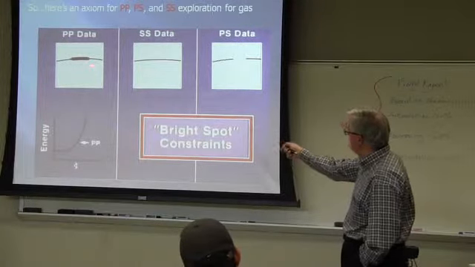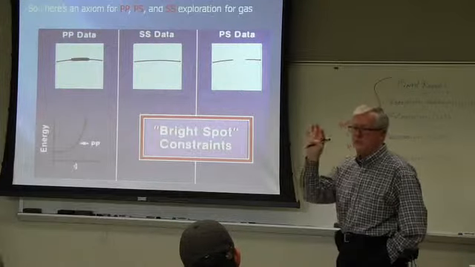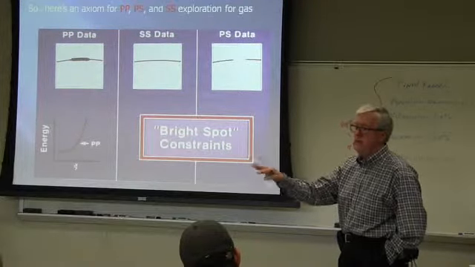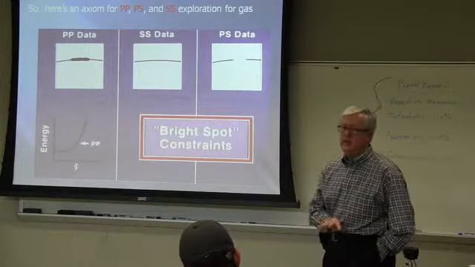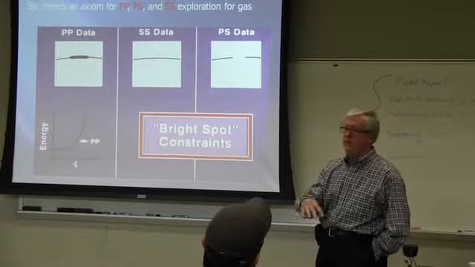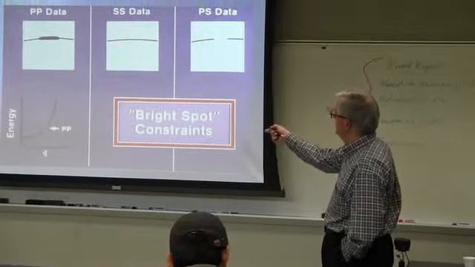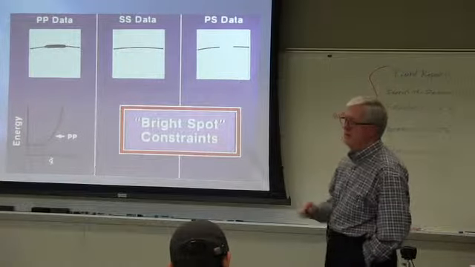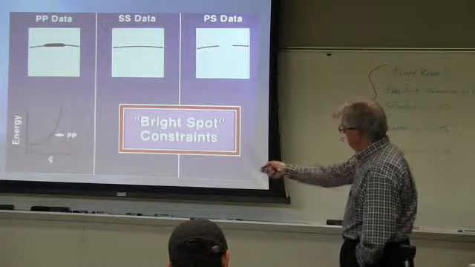So it'll both have tuning at the same place in the same way, pretty much for a feature that is full of brine and it's simply a tuning effect. It's complicated if you have a feature that shows up like the Hackberry does that may or may not have gas in it. Then it gets complicated because you might be seeing just the container on the shear wave data if you have it. So nothing is simple.